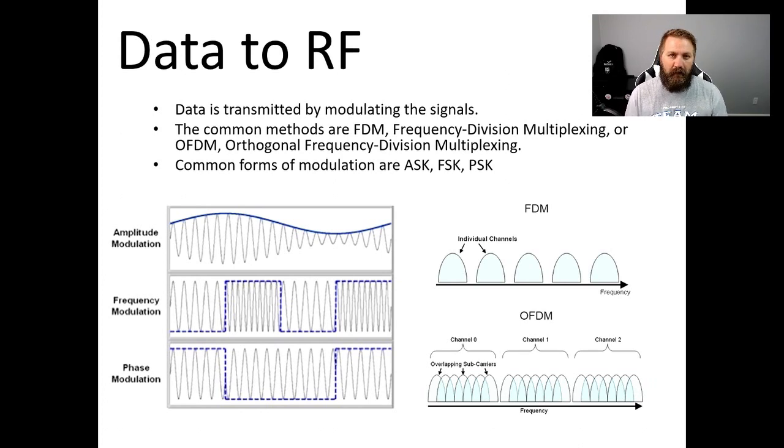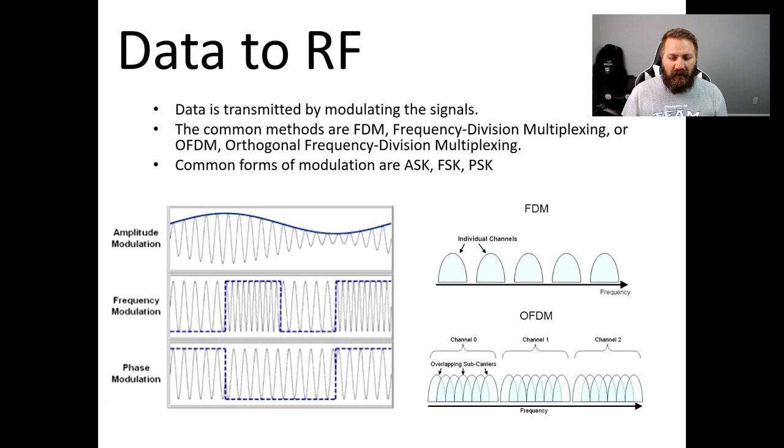Pretty straightforward. We do it by modulating the signals. There's frequency division multiplexing, or orthogonal frequency division multiplexing. Typically, for example, FSK radios. A lot of people remember the Canopy days, FSK, frequency modulation.